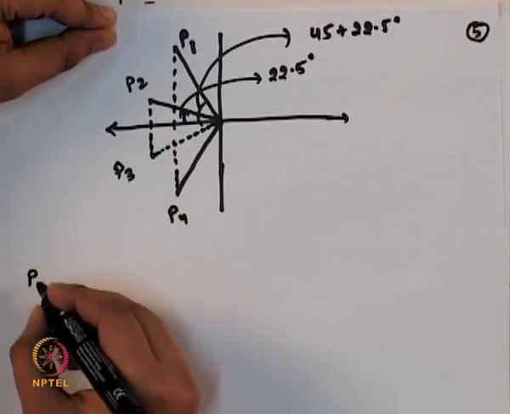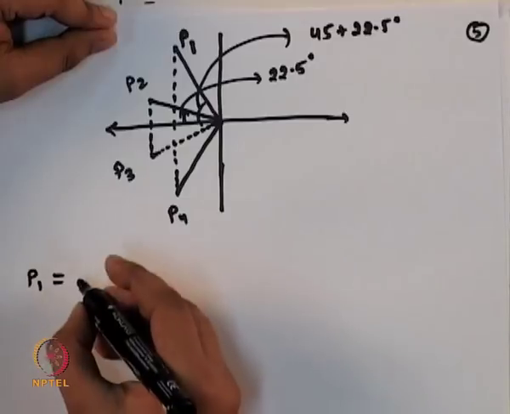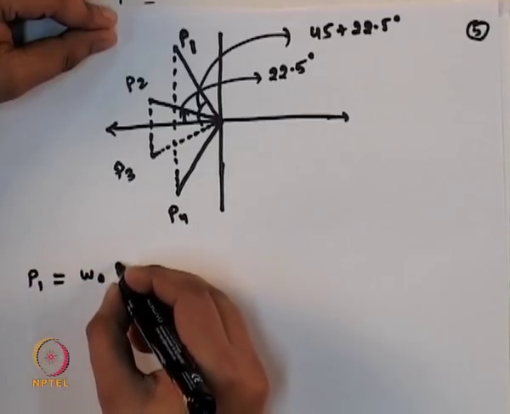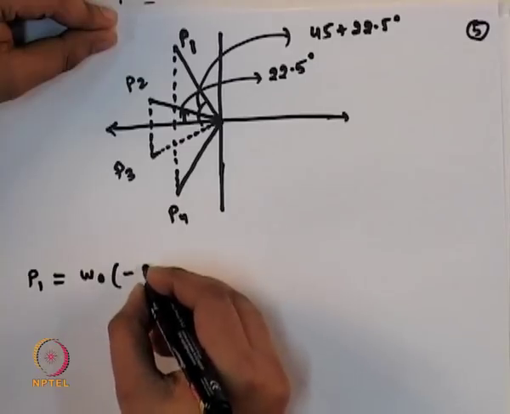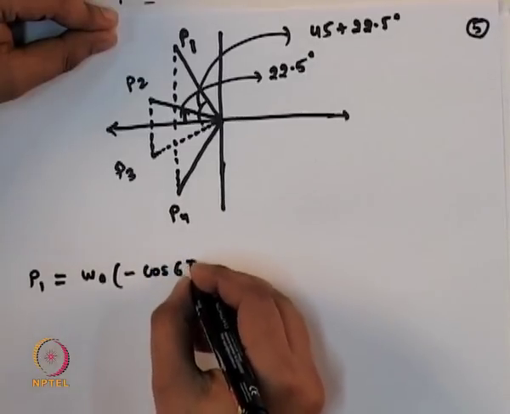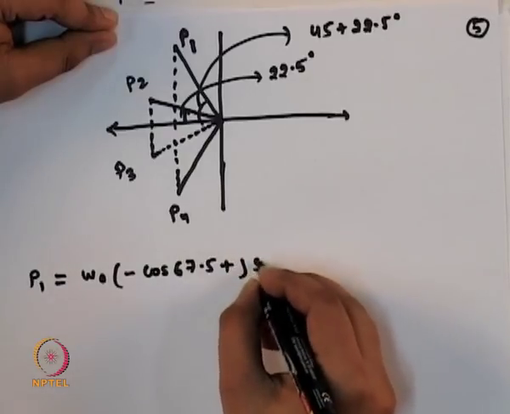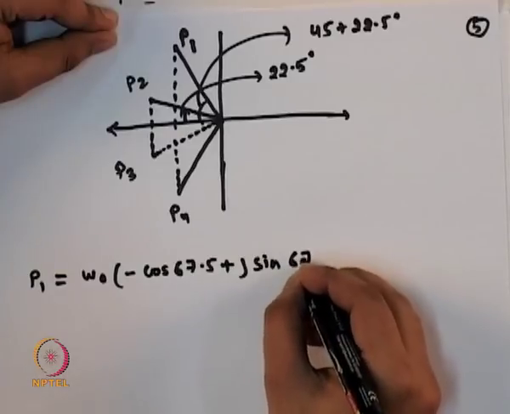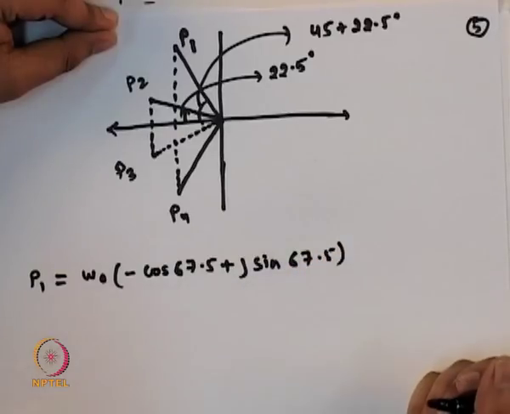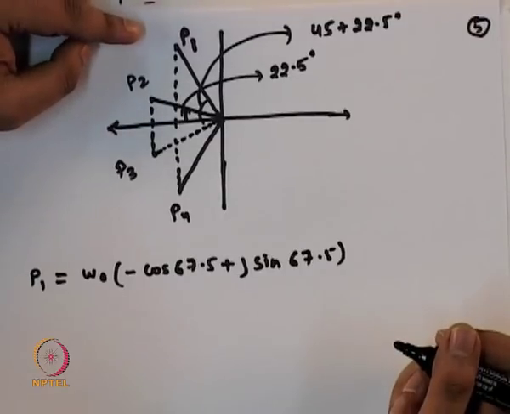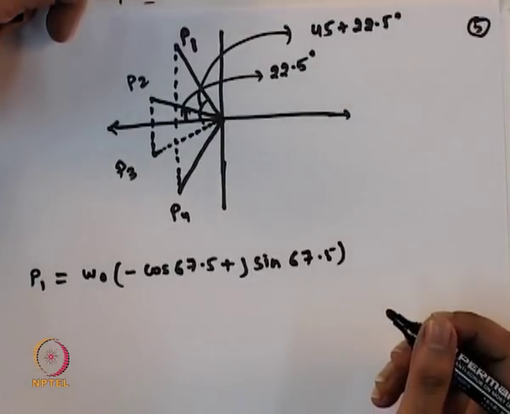So from this diagram we can find out what P1, P2, P3, P4 are. So P1 equals omega naught times minus cos 67.5 plus j sin 67.5, and we know that P4 is the complex conjugate of P1.